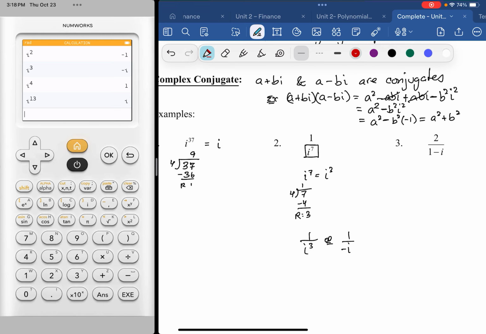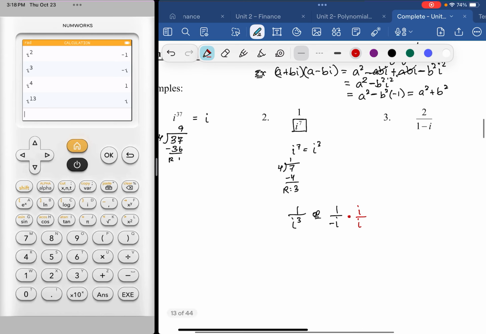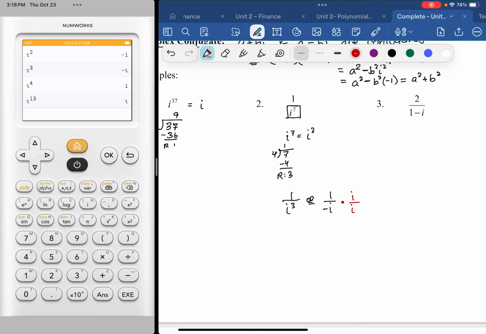But sometimes we want to not have i's or radicals in the bottom of a fraction. So i is the square root of -1. So if I rationalize, I could end up with a simpler expression, which would be i over -i squared. i squared is -1. So I'd get a result of i.